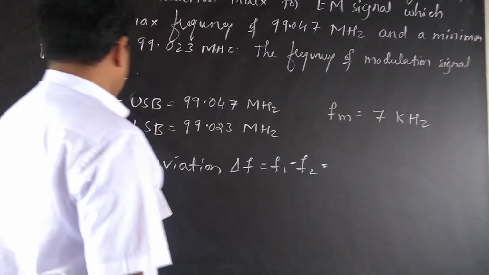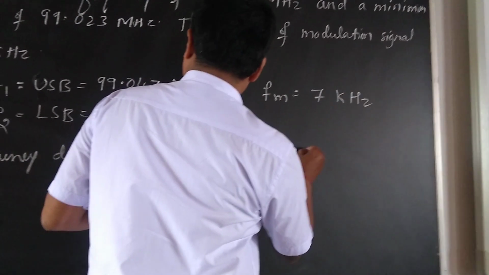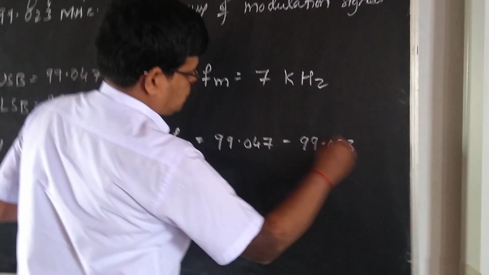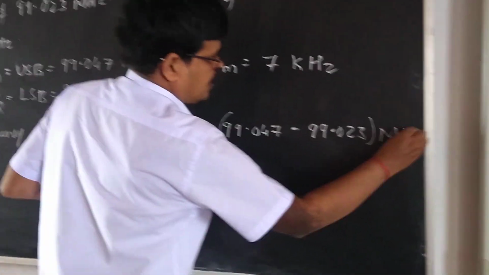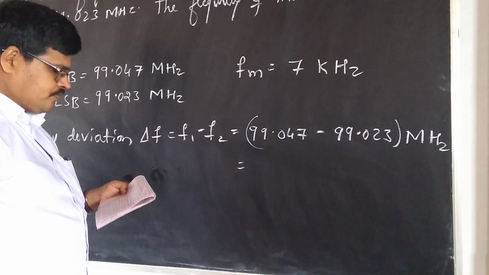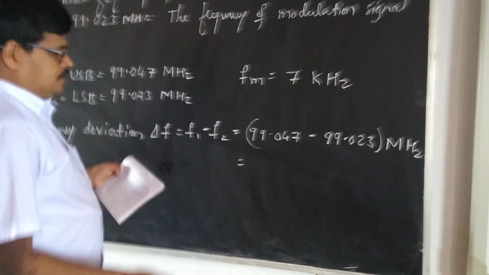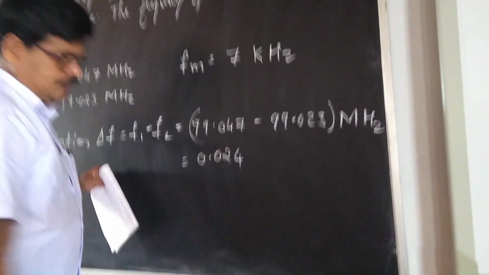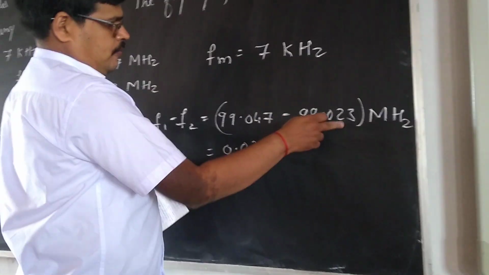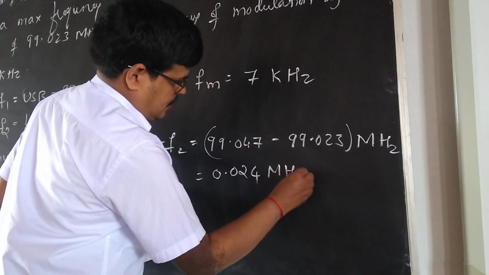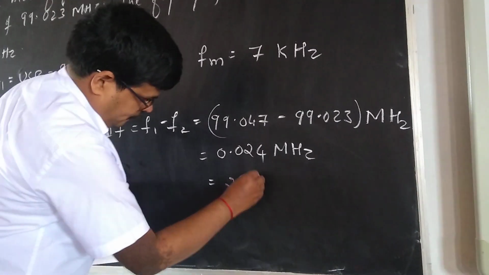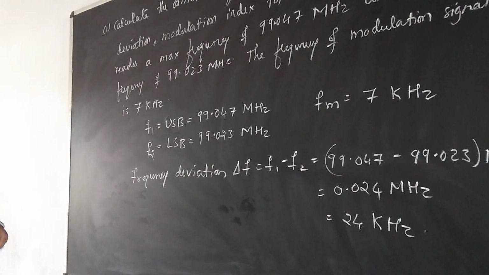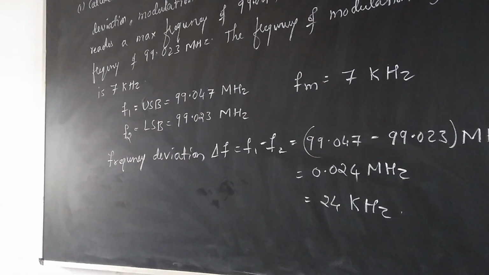So F1 minus F2 means 99.047 minus 99.023 megahertz, which can be written as 0.024 megahertz, or you can say 24 kilohertz. So we are calculating here the frequency deviation.